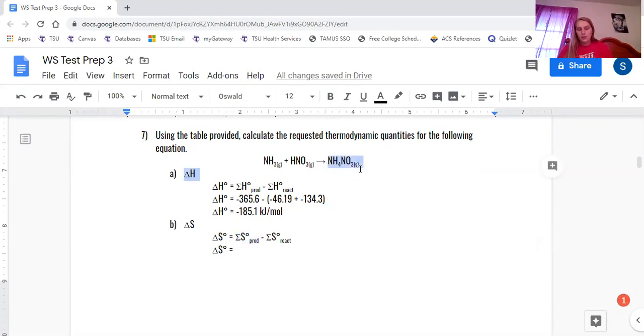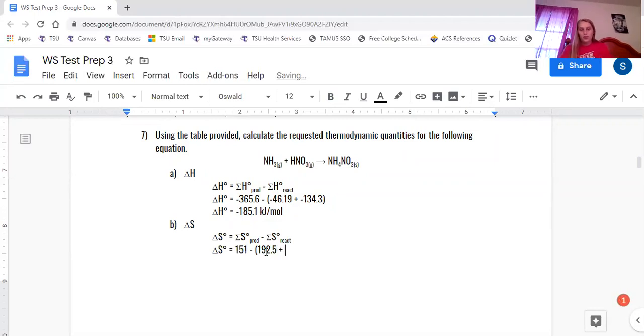So we can find our NH4NO3 on the table and see that's 151. So we'll have 151 minus all of the reactants. So we go find NH3 on the table, and we find 192.5.